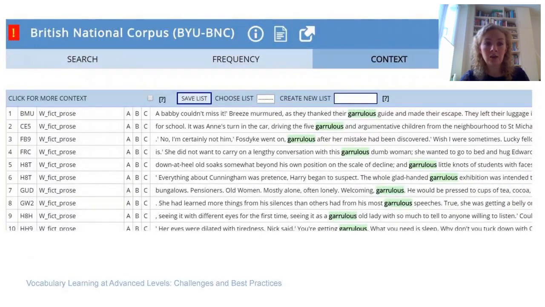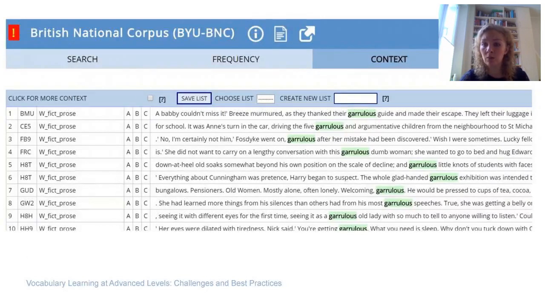You see, this time it's only fiction prose, the left column, and then we can see, garrulous guide, garrulous somebody, we don't know, garrulous dumb woman, and blah, blah, garrulous speeches, garrulous old lady. Okay, more or less clear.